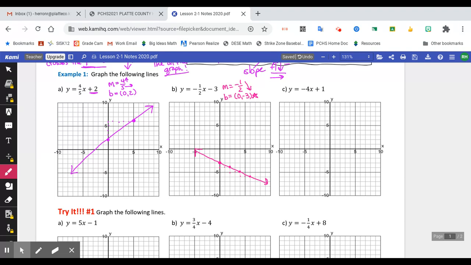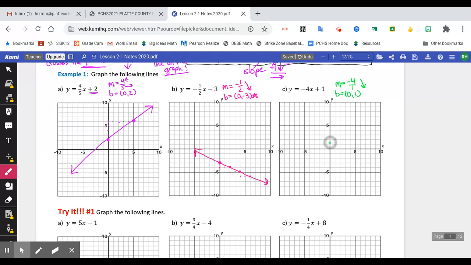All right, letter C, same thing. So let's go to our slope, which is negative 4. And if you like, you can put it over 1 so that you can see which way you have to go. And again, this means that it is negative, so it's going to go down. And my b, or my y-intercept, is at 1 on the y-axis.